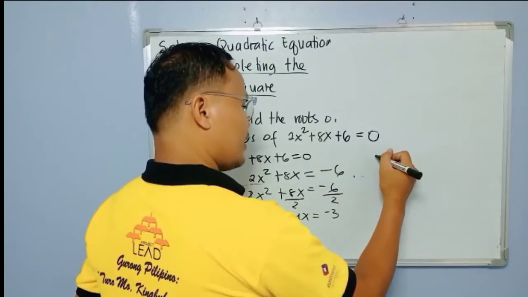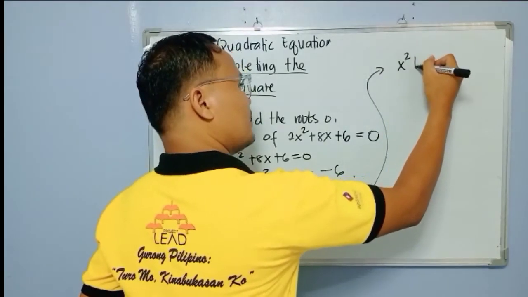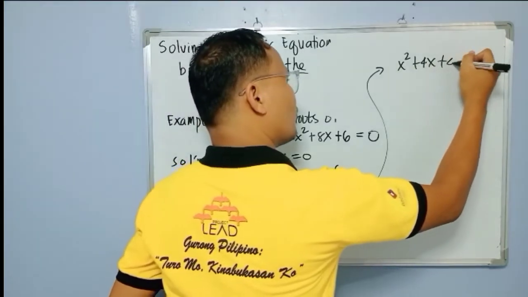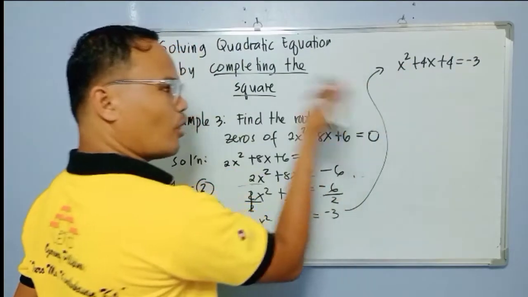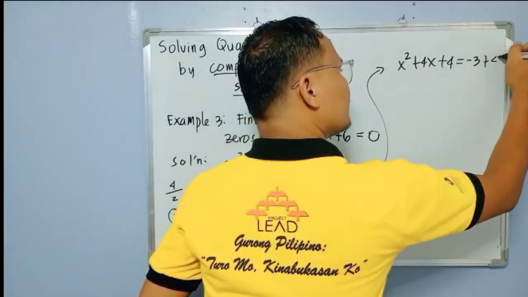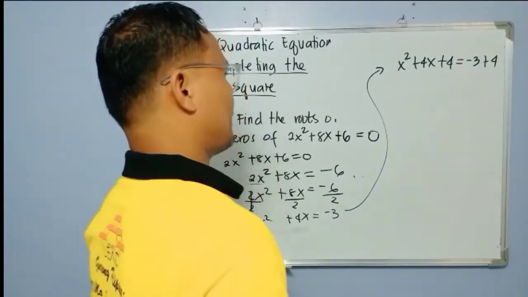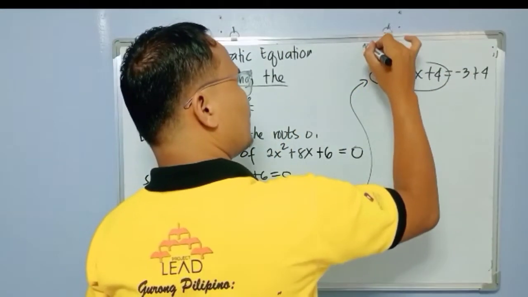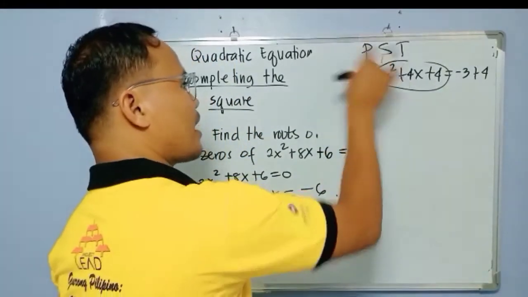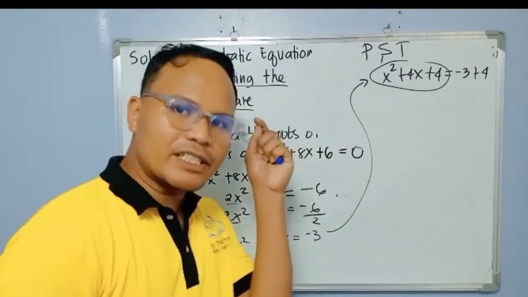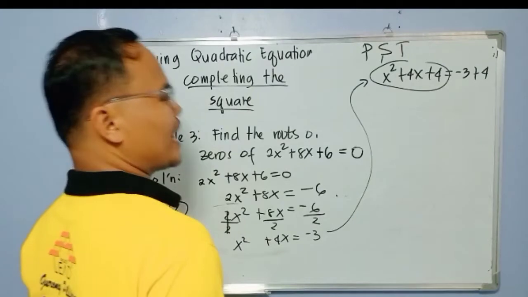So we have x squared plus 4x plus 4 equals negative 3. Since you add 4 to the left side, you also add 4 to the right side to make it equal. This is now called a perfect square trinomial, PST. And a perfect square trinomial can be expressed as a square of a binomial.